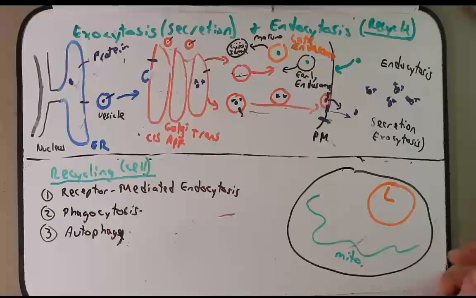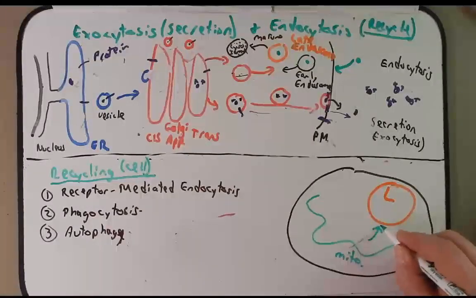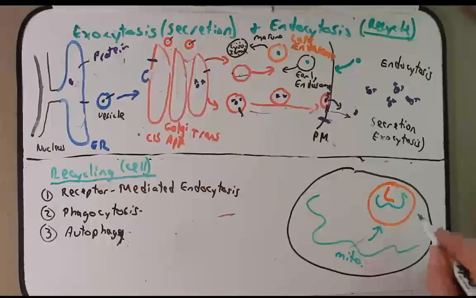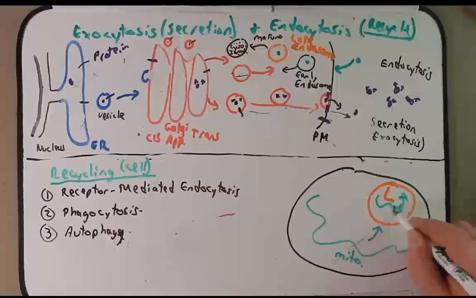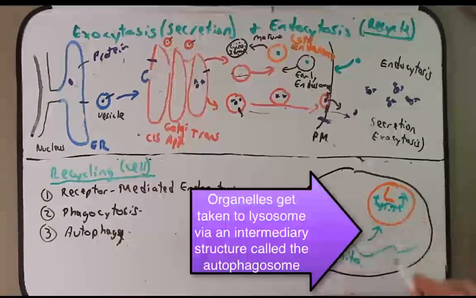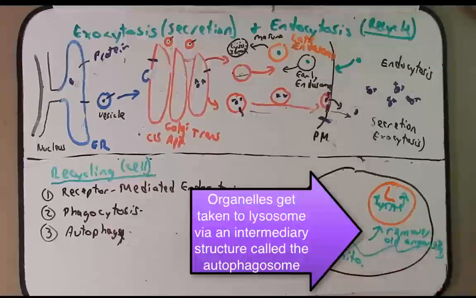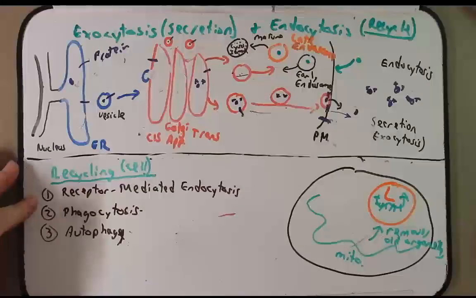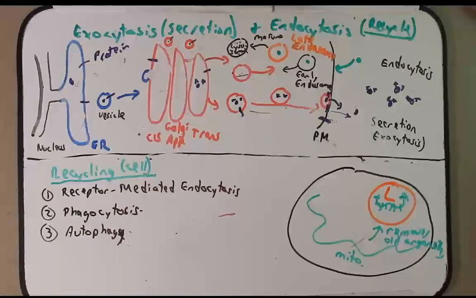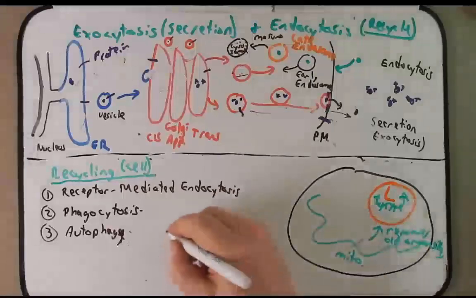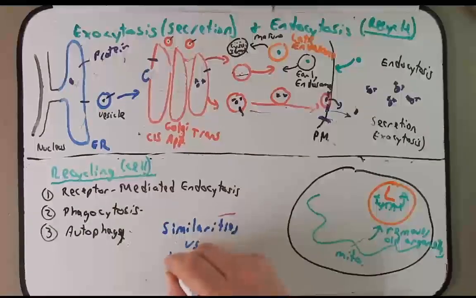And so these old organelles will be taken up into the lysosome, and in the lysosome, they'll be chopped up and digested. So it removes old organelles. You should look at receptor-mediated endocytosis, phagocytosis, and autophagy and think about and compare the similarities versus the differences.